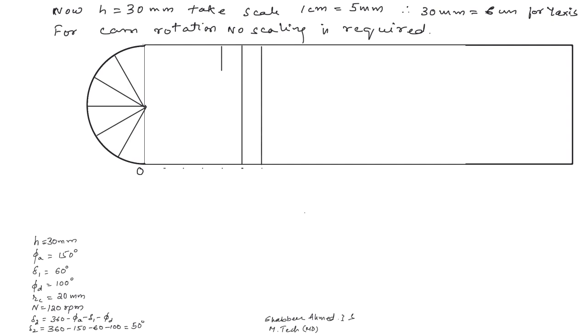If you don't practice this, then you cannot do it in rough work. Okay, so you do practice it in your drawing sheet. Here I am doing it as a rough diagram, but you have to do it with the drafter.